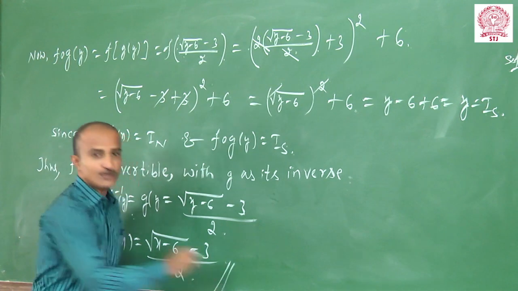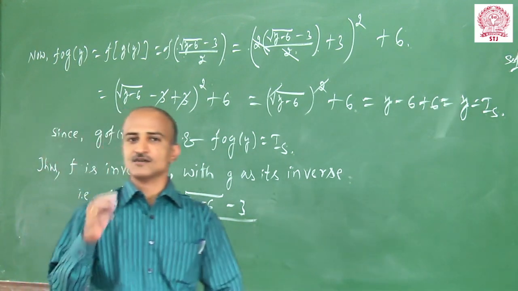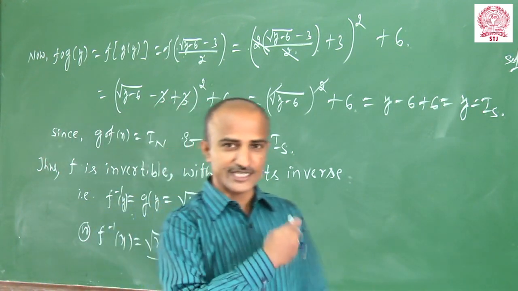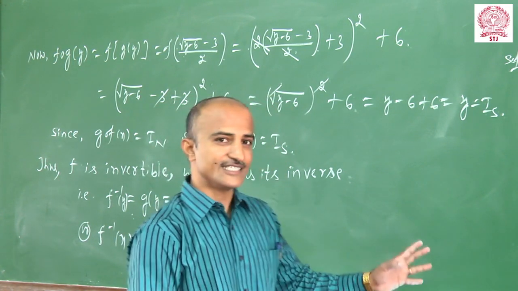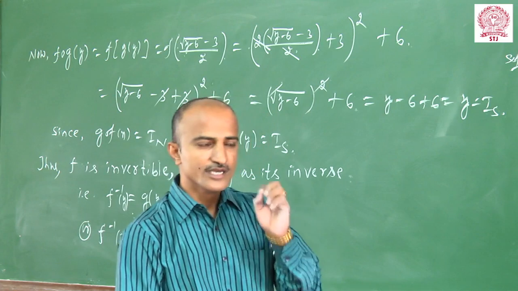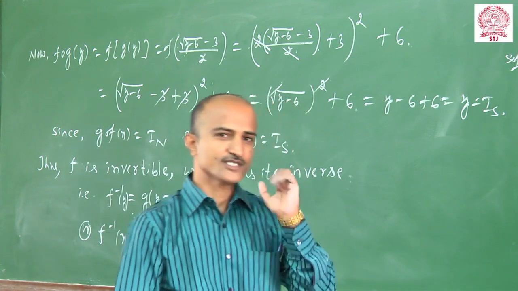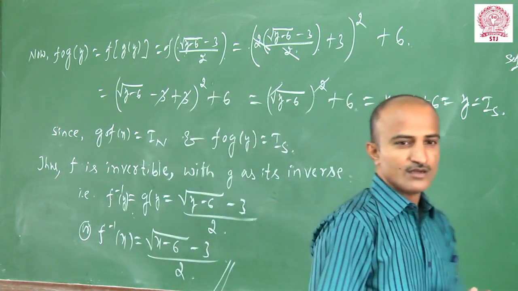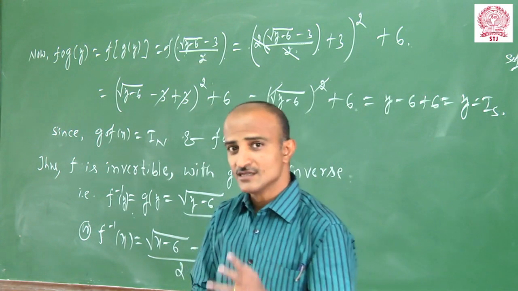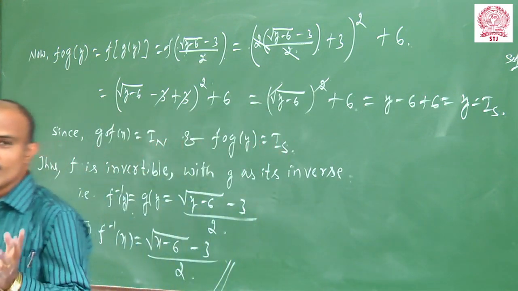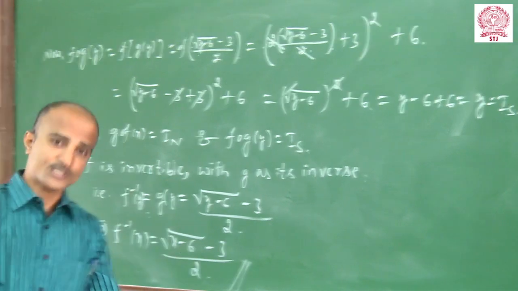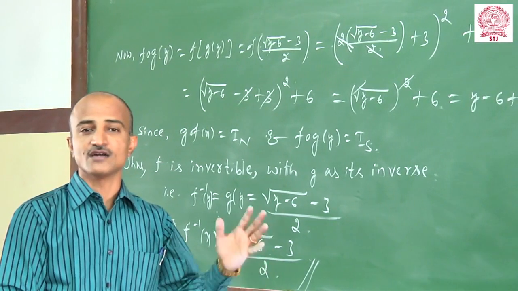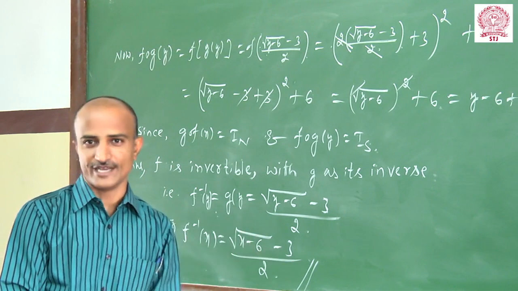So we have proved that the given function is invertible, and also we have found its inverse. Here there is some confusion among the pupil. In some of the references, they have solved this by showing that the function is 1 to 1 and onto, and also they have found g∘f of x and f∘g of y.